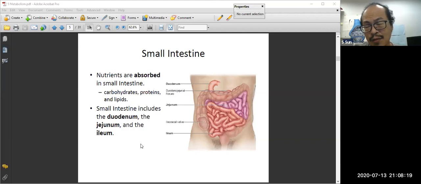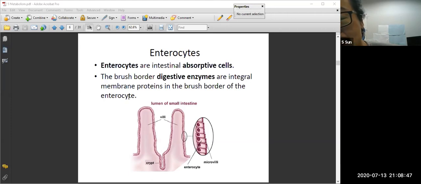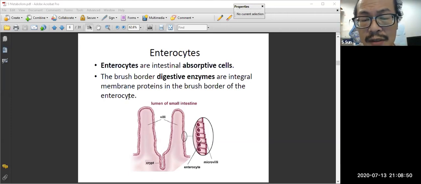If we ask which cells in the small intestine absorb these nutrients, including carbohydrates as monosaccharides, proteins as small peptides and amino acids, which are monomers, and lipids in a very simple form, your answer would be enterocytes.